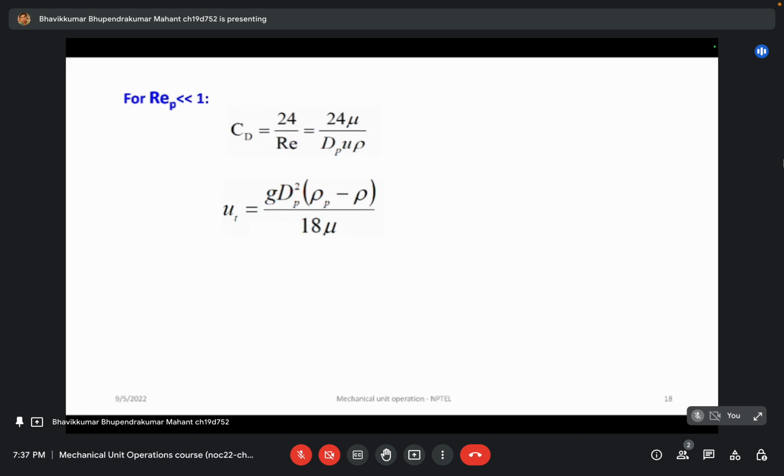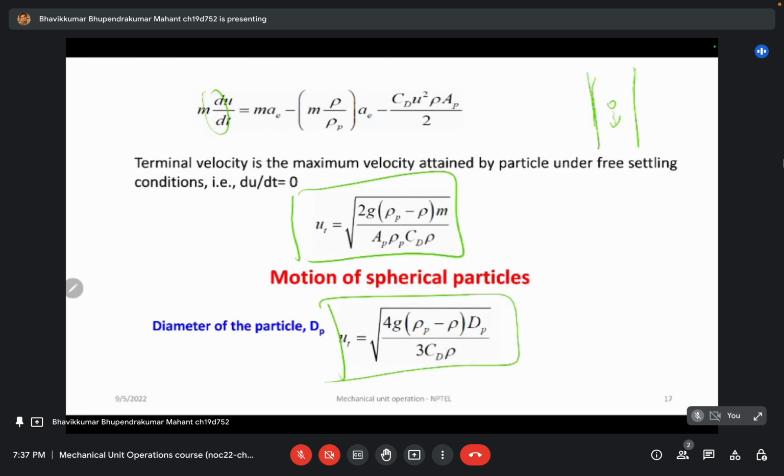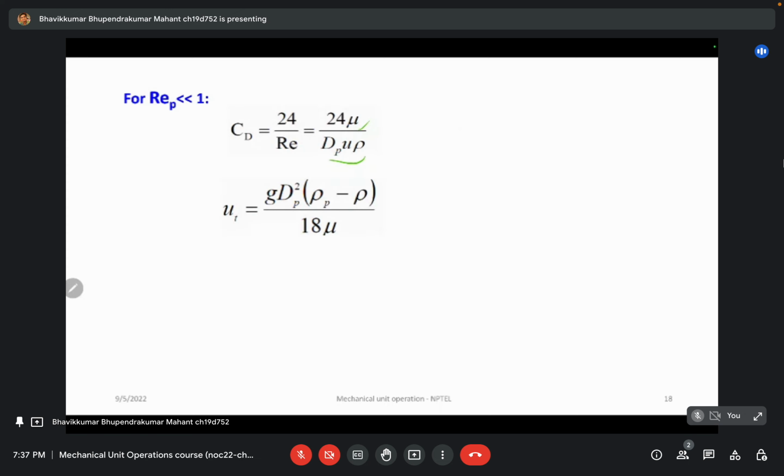CD is equal to 24 by Re. So Re you have to put as rho u d by mu, and substitute this in the value of CD, and then you will get the value of terminal velocity ut equal to g dp square delta rho by 18 mu.